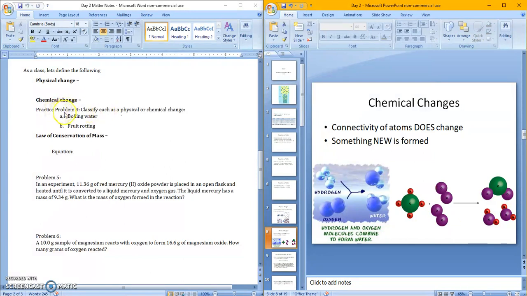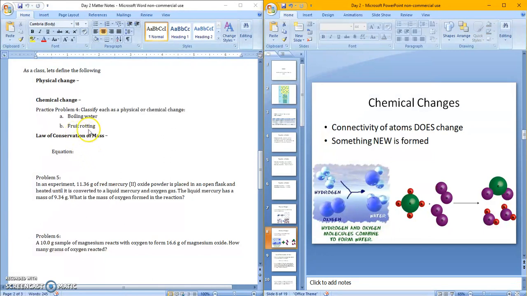Alright? So if I look over here, practice problem number 4. If I boil water, does the water actually change from a liquid to a gas? Like, I added heat. Is it still water after I boil it? Well, yeah. It went from liquid water to gaseous water. It's still the same substance, just in another form.